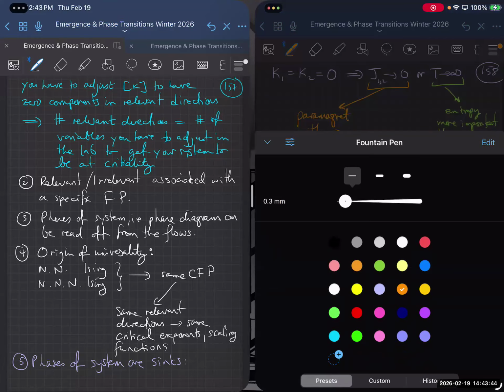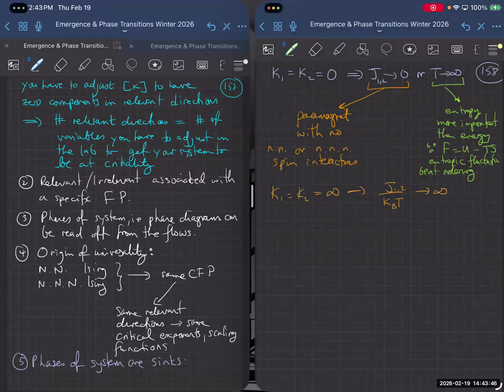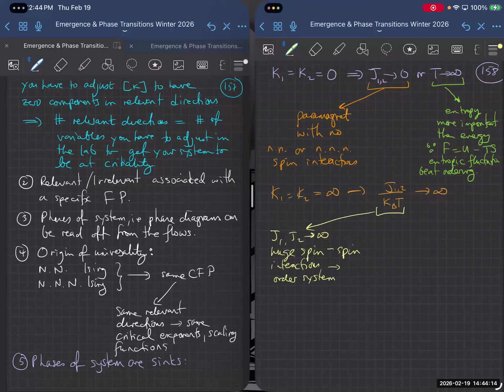And so I interpret this as meaning that J1, J2 going to infinity implies huge spin interactions, and that will tend to order the system because they try to minimize the spin interactions.